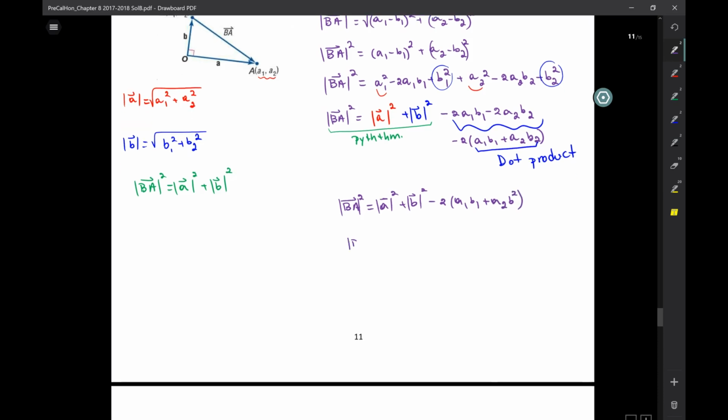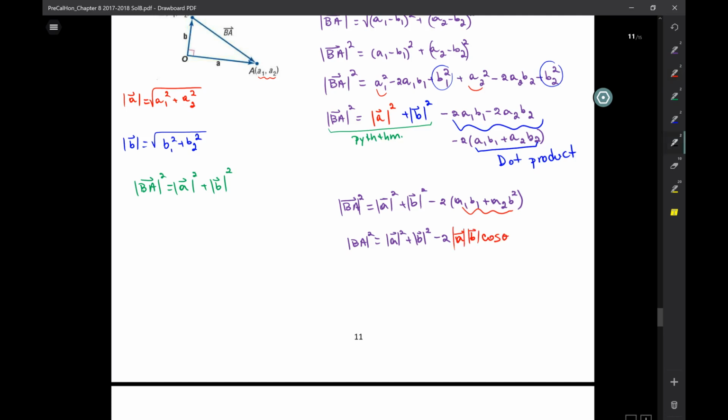Now, BA squared is equal to A squared plus B squared. I'm not changing anything. Minus 2 times, we said this was the dot product. What did we just say the dot product is equal to? A, B, cosine theta. Is that right?